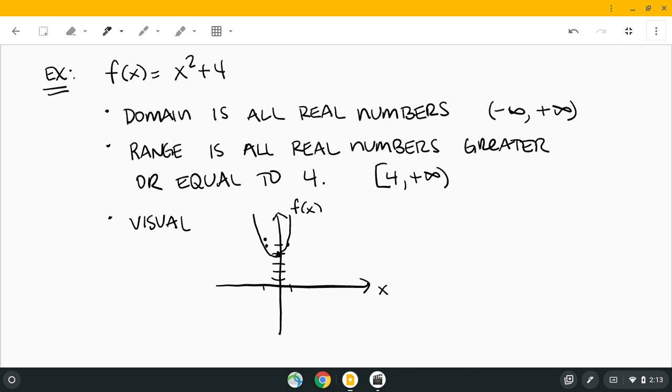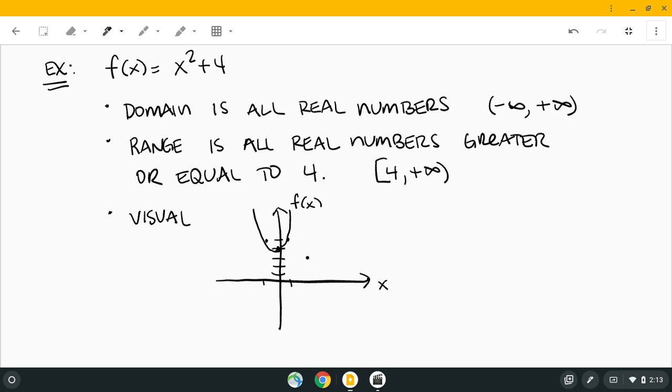If I pick an x value here, I'll get a point on the parabola. If I use an x value here, I'll get another point. As I go down to the left, I'll just go up higher and higher. Same thing on the right side. So we see that all the x's are being used to create this graph.